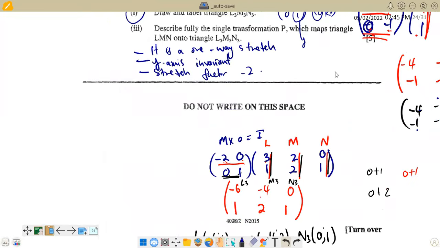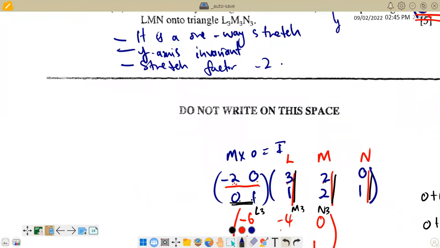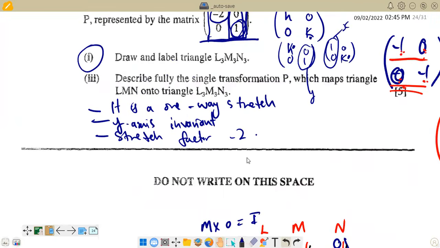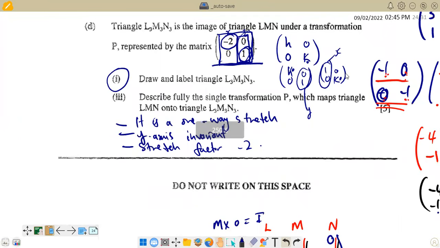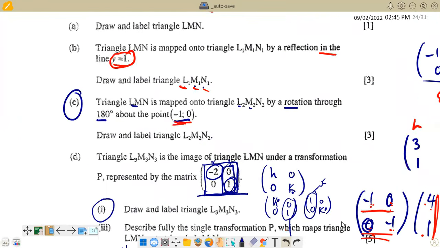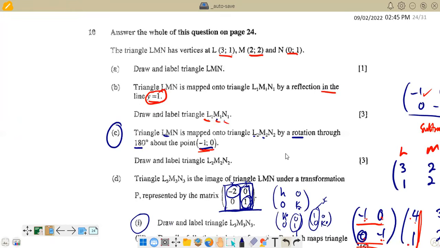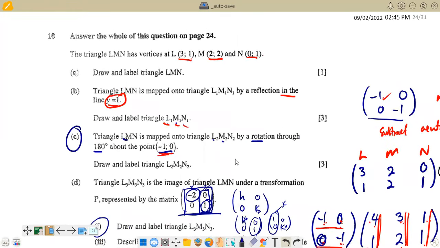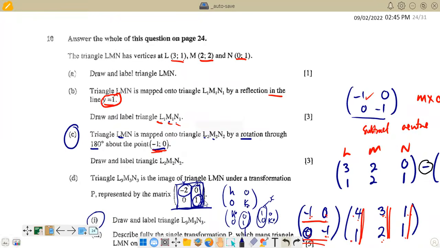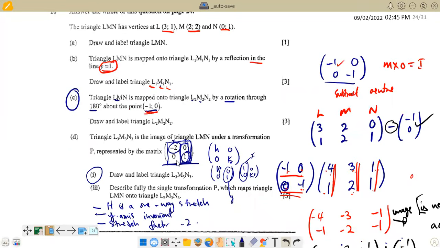All those look, hook, and so forth, I tried to mention them so that you can easily know what this one is for. Okay, so you just need to memorize. I don't know how you're going to memorize them, but you just need to know your matrices. Once you know these matrices, it's going to be easier for you to describe, because they can give you a matrix like this one, and you describe from the matrix format that you'll be given. All right, so that's actually what we had from this question.